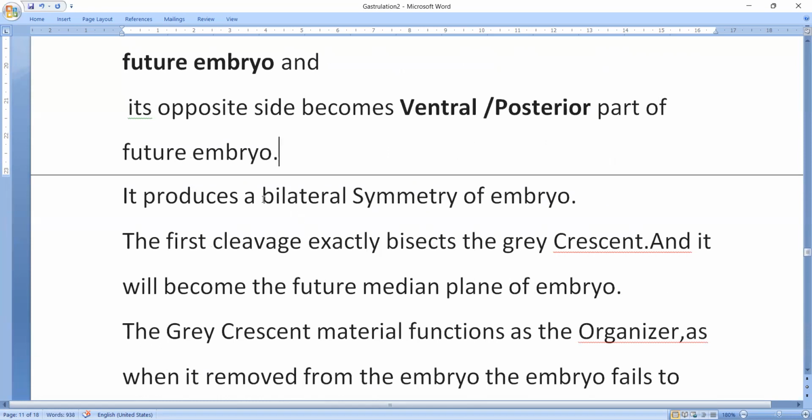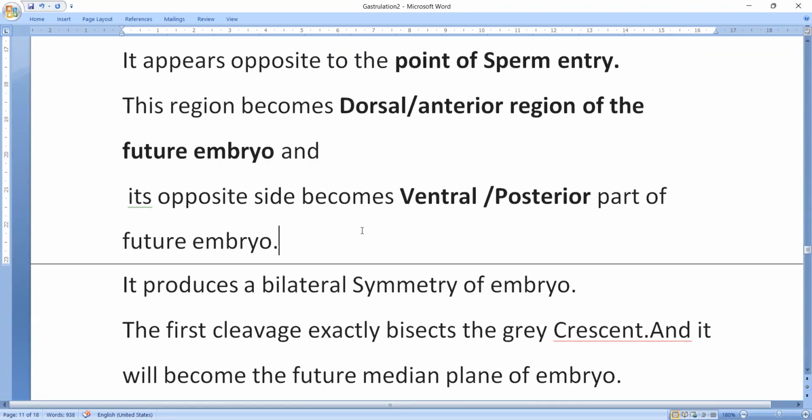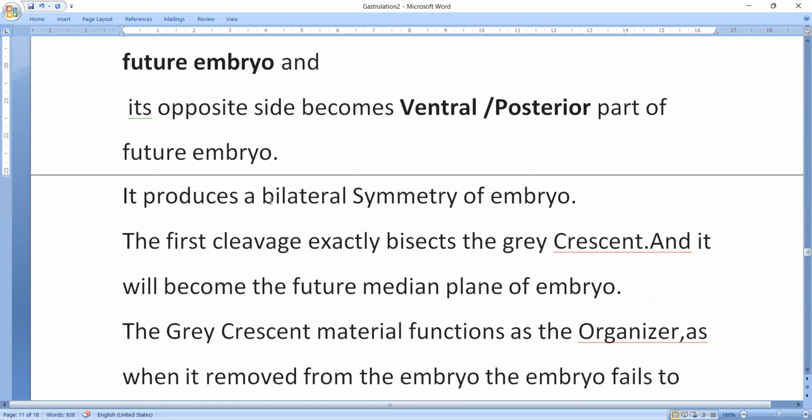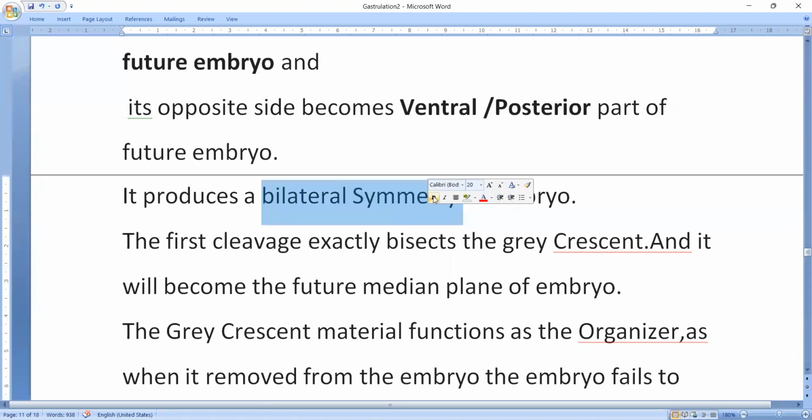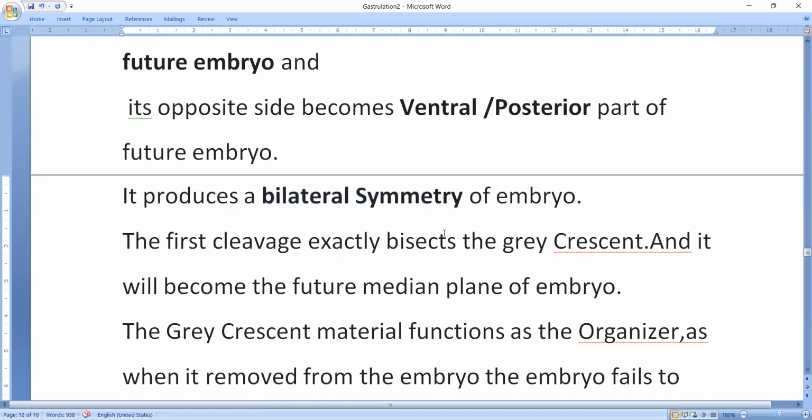Due to the formation of the first cleavage furrow through the gray crescent area, it produces a bilaterally symmetrical embryo.